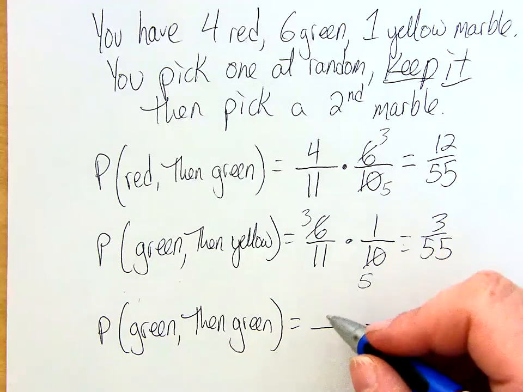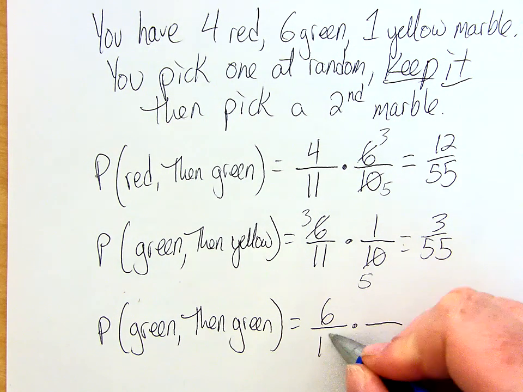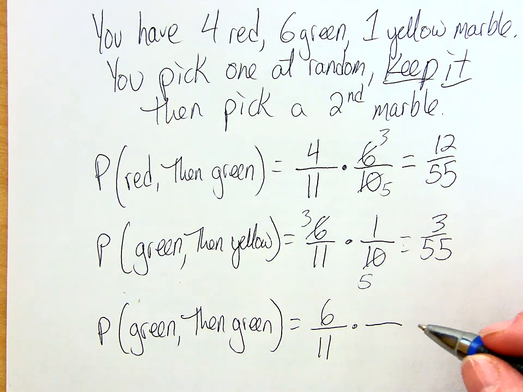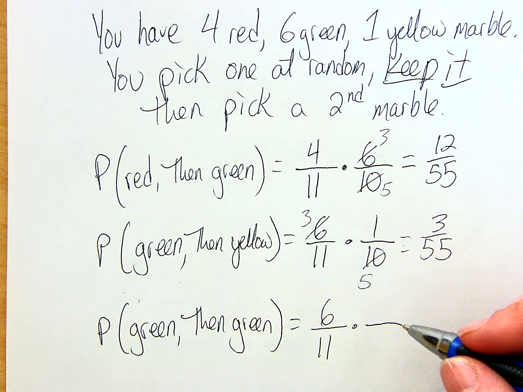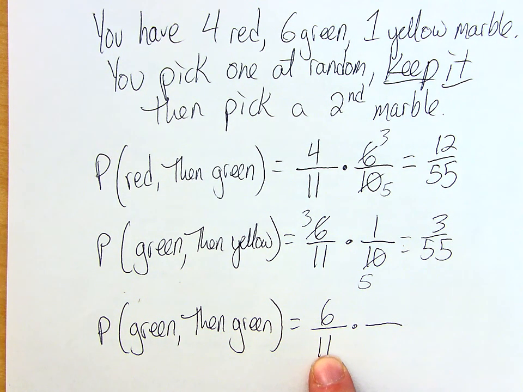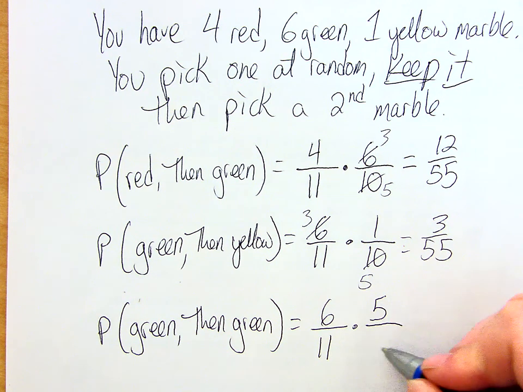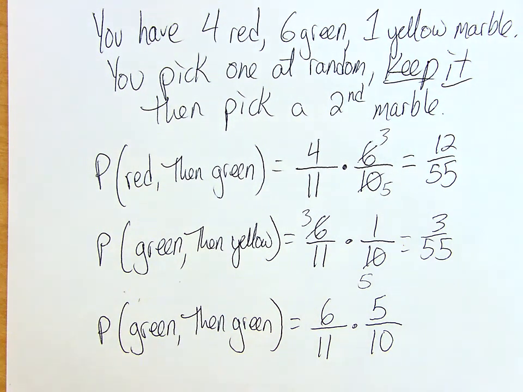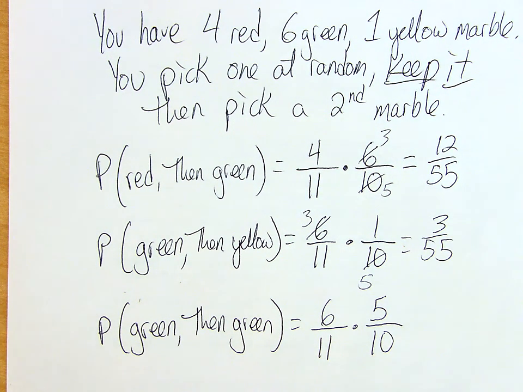Go ahead. What's your first one? 6 over 11. I agree. And then 5 over 10. Yes! Think about it. If you picked a green the first time and you kept it, there's not 6 greens left the second time. You already picked one of them. So now there's only 5 out of 10.